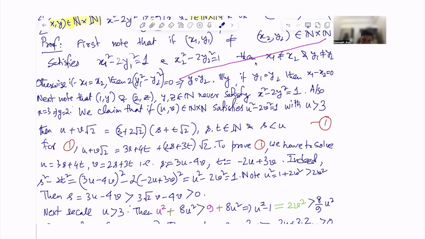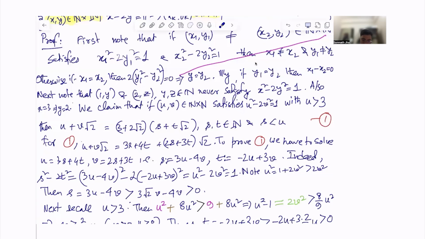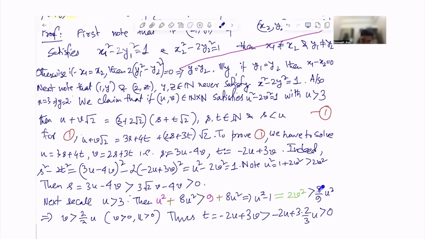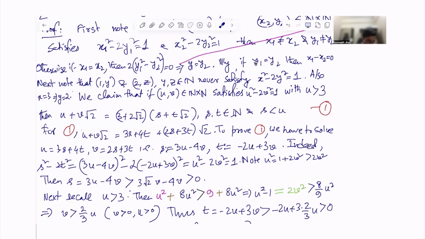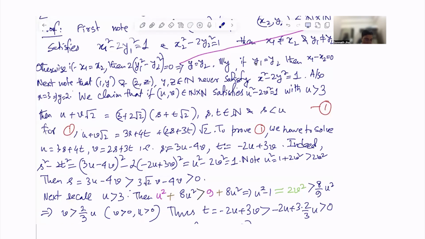So that's what I have written. u square minus 1 is greater than 8 by 9 u square, but u square minus 1 is 2v square. So 2v square is greater than 8 by 9 u square. So 2 you cancel. So v is greater than 2 by 3 u because we are dealing with positive things.